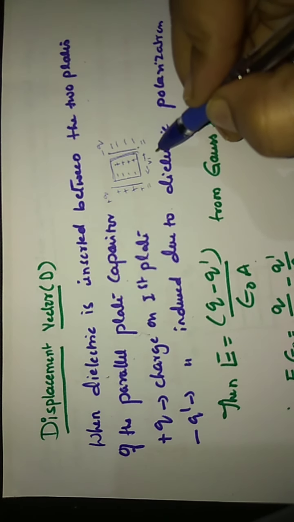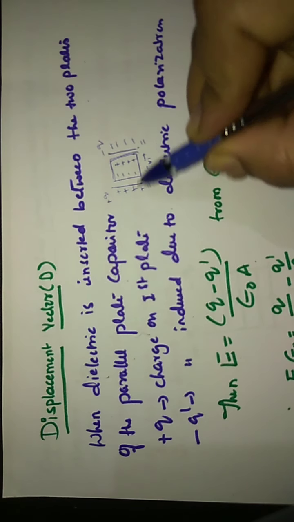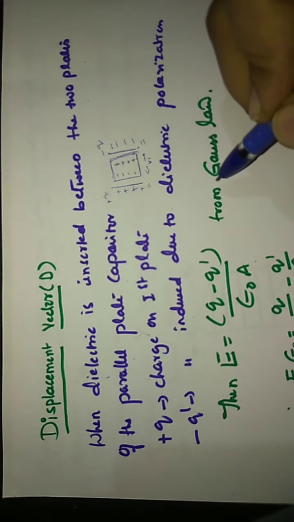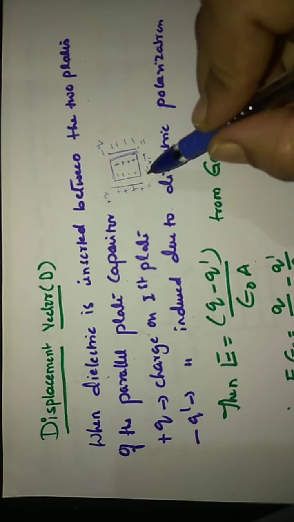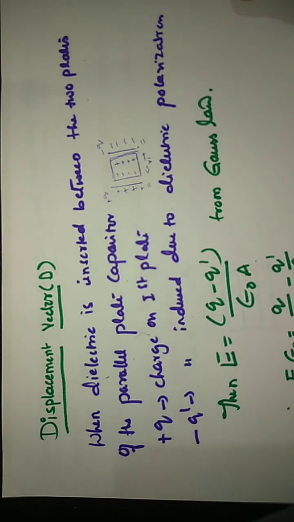Let that be taken as V dash. This potential difference will oppose the external potential difference, meaning it will reduce the effect of the applied potential difference across the two plates of the capacitor.